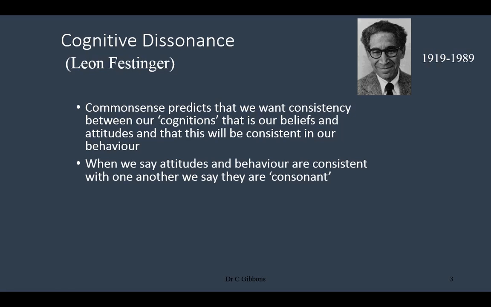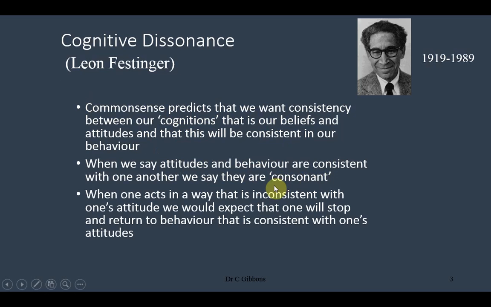Essentially, he talks about cognitions, and cognitions can refer to our beliefs, our values, or our attitudes. When our attitudes and our behaviour are consistent with one another, we say they are consonant. Sometimes, however, we may act in a way that is inconsistent with our attitudes, our values or our beliefs.